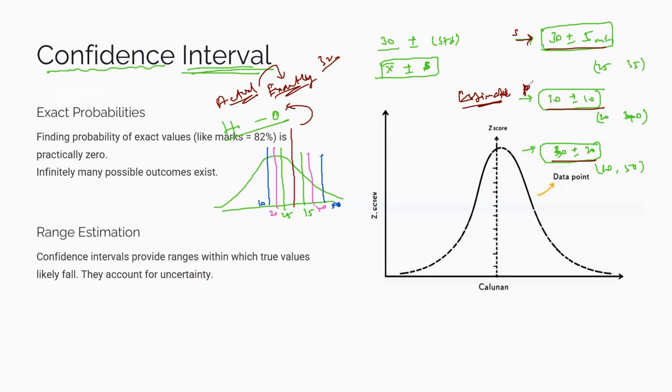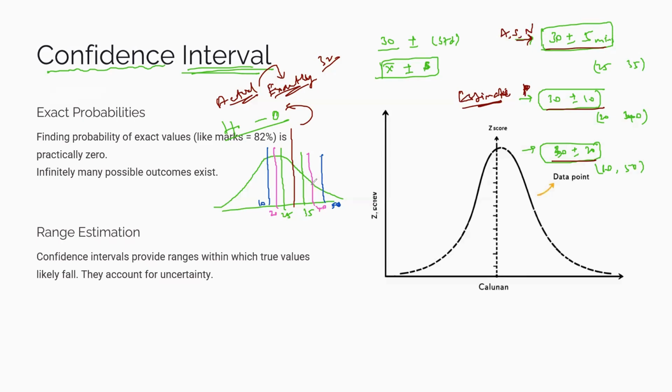Okay, very good. Priyanka says 30 plus or minus 10. Okay, Archana, Nikhil. What about you guys? 30 plus or minus 5. Okay, Archana also says 5. Nikhil, you're also saying 5. Okay. Very good.